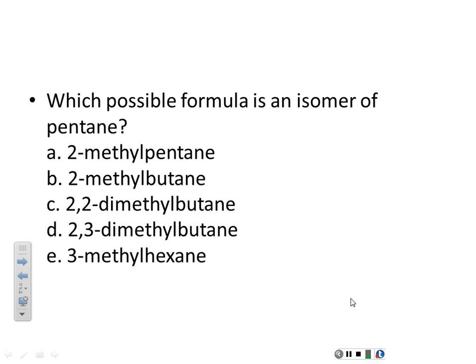Second one, 2 methyl. You want us to write the molecular formula? Yeah. For an alkane with 6 carbons, how many hydrogens? Do you remember?